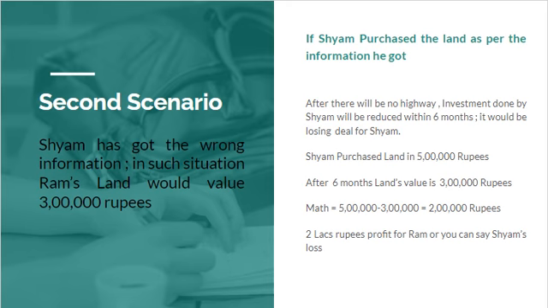If Shyam purchased the land as per the information he got, but the information was incorrect, what is going to happen? Shyam purchased the land for 5 lakh rupees, but after 6 months, the land's value is now 3 lakh rupees.